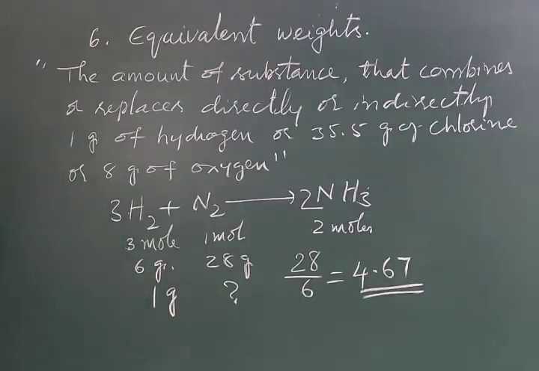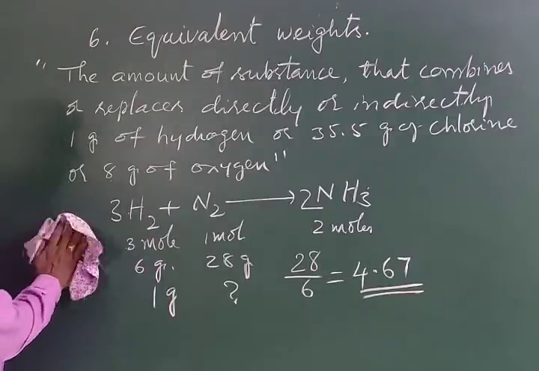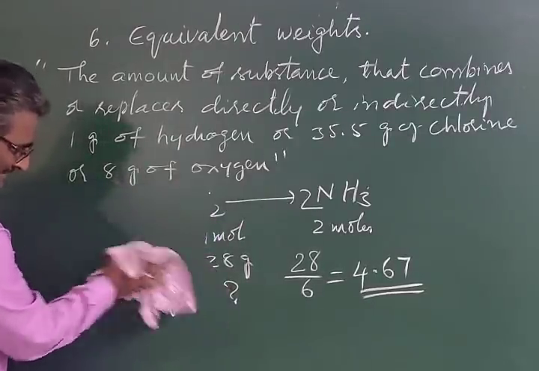So 4.67 is the equivalent weight of nitrogen. 4.67 grams of nitrogen is equivalent to 1 gram of hydrogen.